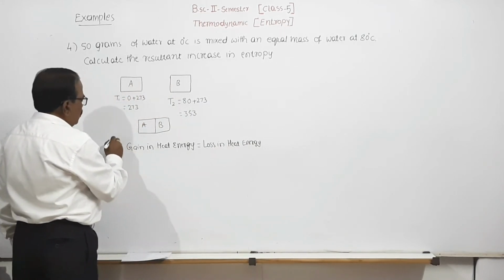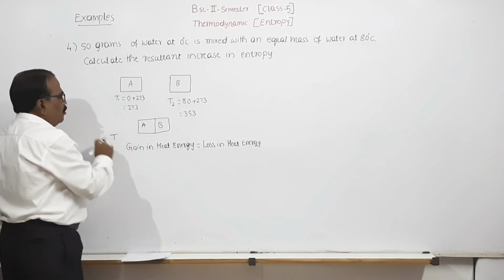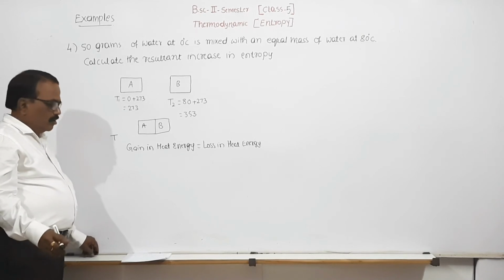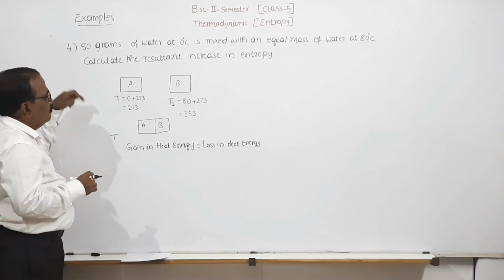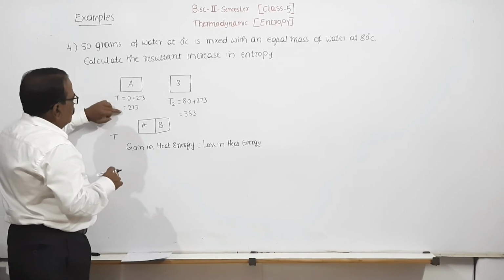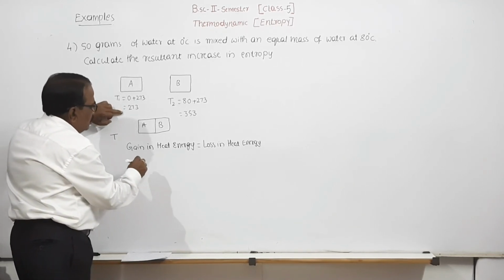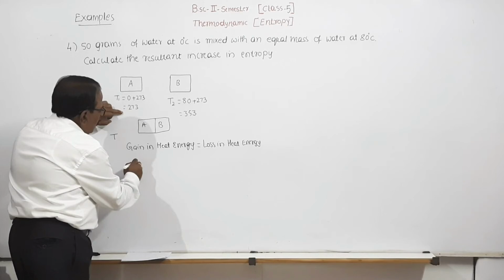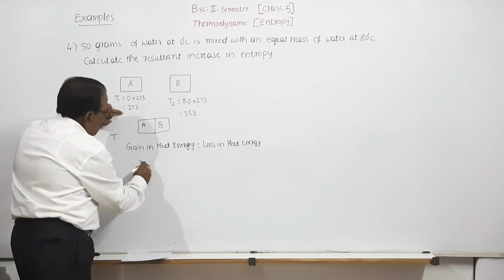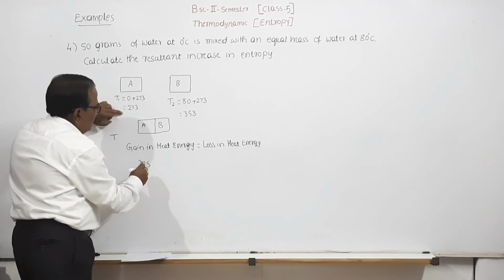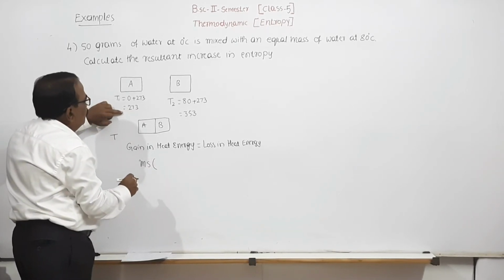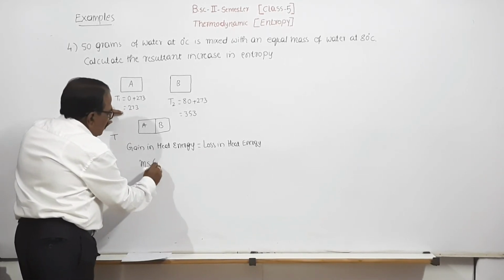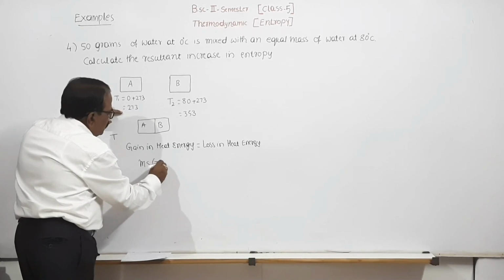Let T be the common temperature after mixing. Then this is m into s into the difference in temperature, T minus T1.